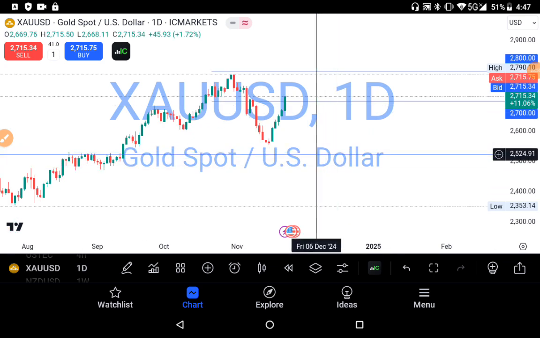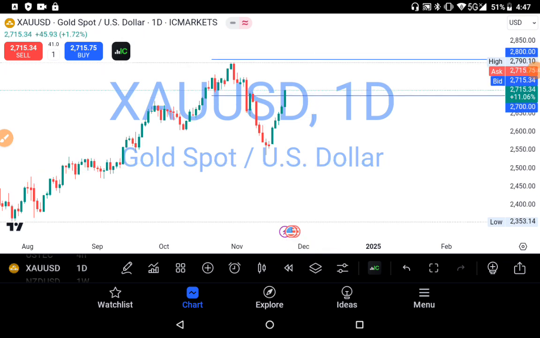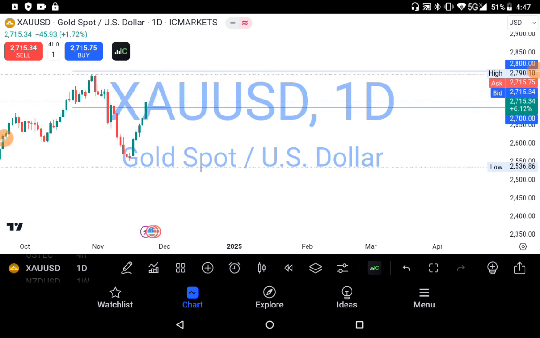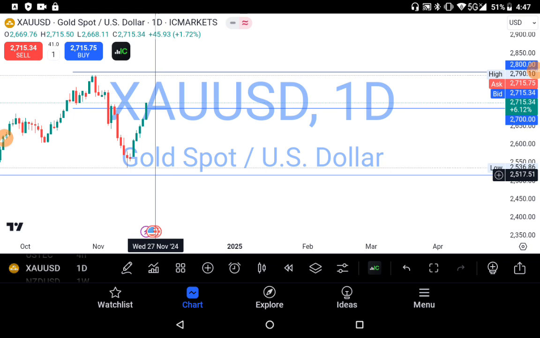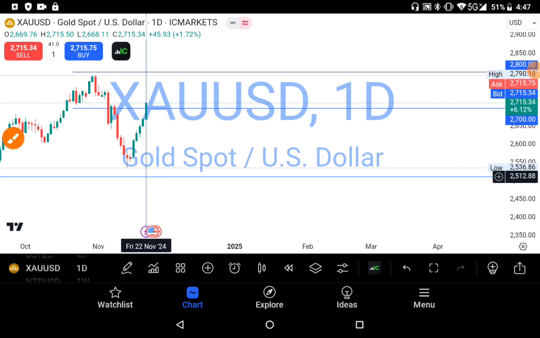It has been running. It went as far as 2,700. That was the initial movement in there, though I have 2,800 on my radar. The market price has traded into 2,700. So I'll be sticking to 2,800.